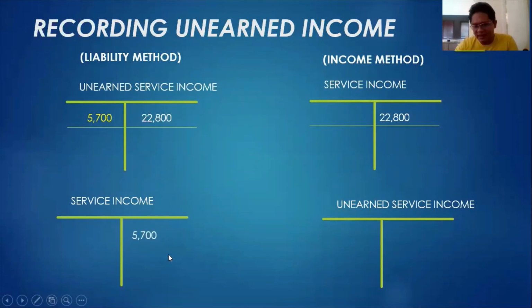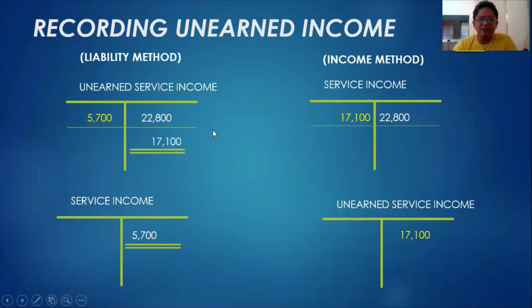So at year end, we can now recognize 5,700 service income. Likewise, in our income method, out of this 22,800, our remaining liability is only 17,100. So therefore, we have to set up 17,100 as our liability at the end of the period. Unearned service income is a liability account.